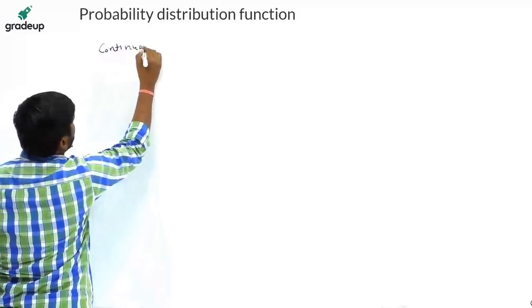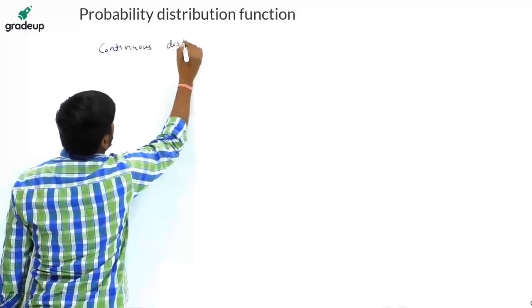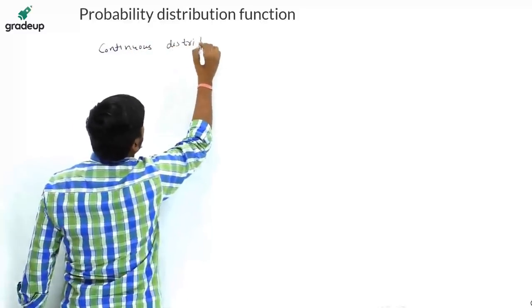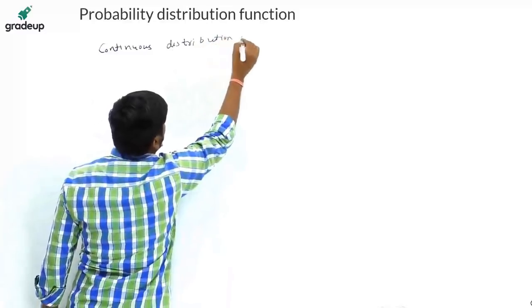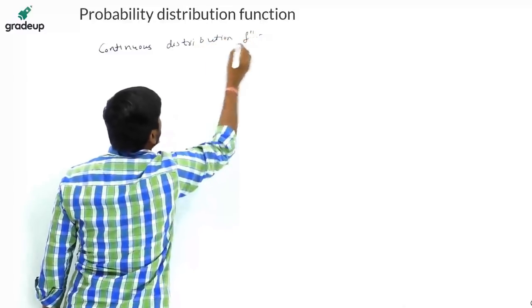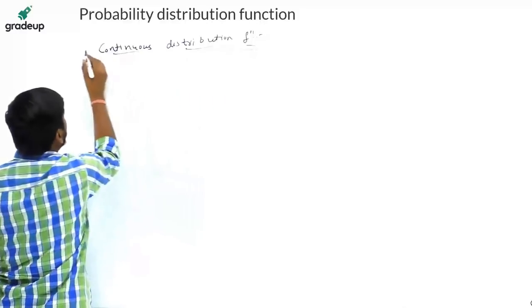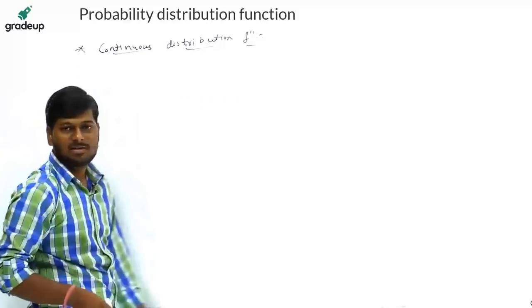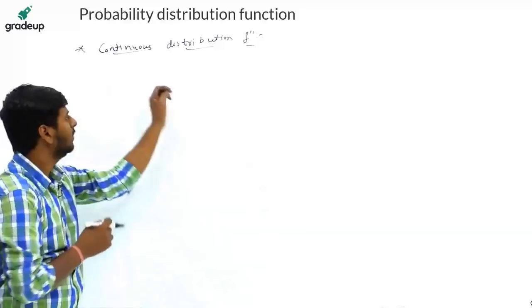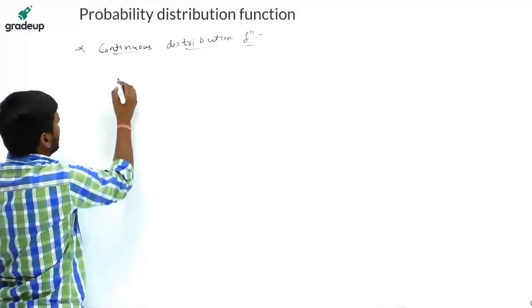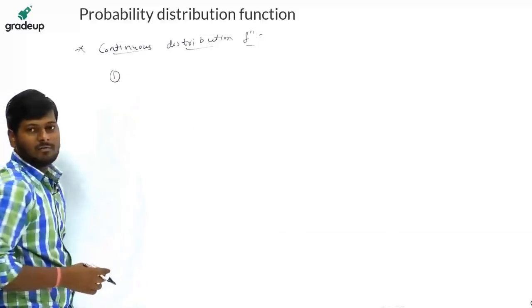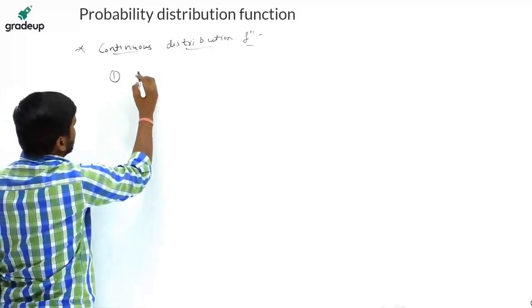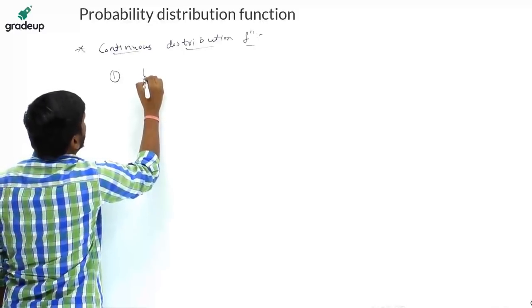And most of the questions are asked from this topic, continuous distribution function. And this is also very important. For electronics engineers, this is a very important topic, since many questions are asked in communications also from the continuous distribution function. So first of the continuous distributions is uniform distribution.